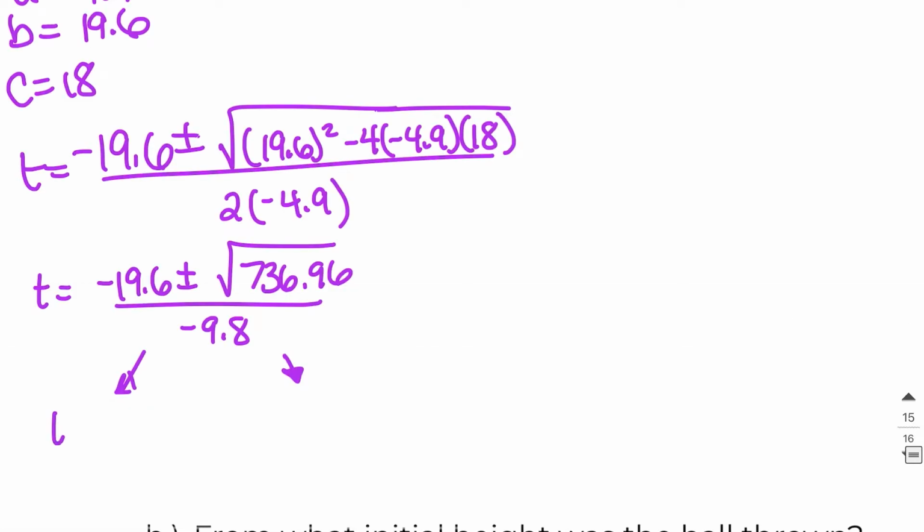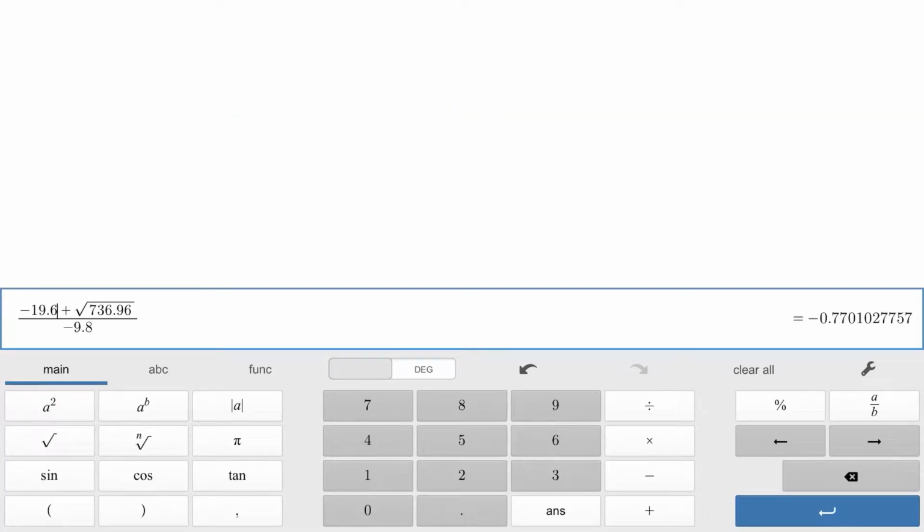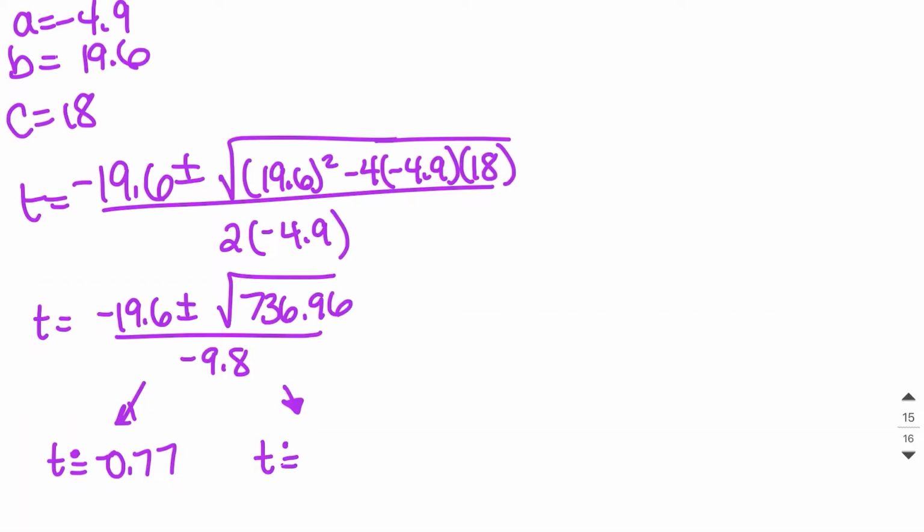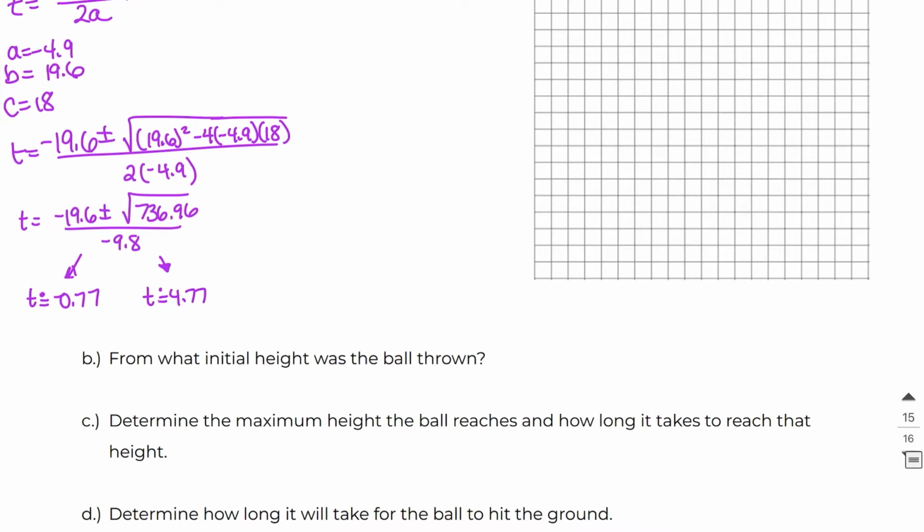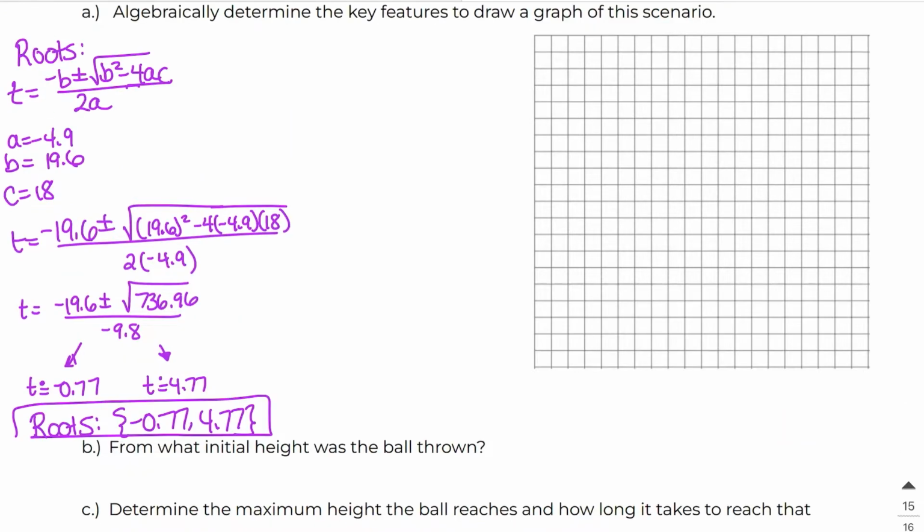Here I can say t is approximately negative 0.77, and then let's calculate the other answer. The nice thing about Desmos is I can just go up here and delete this plus sign, change it to a minus sign, and then I get my other answer, which is 4.77. So our first key feature, our roots, are negative 0.77 and 4.77.